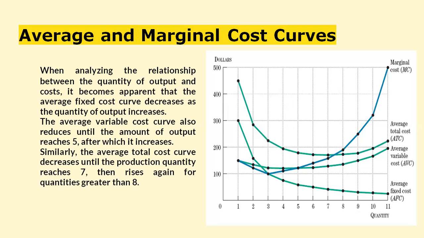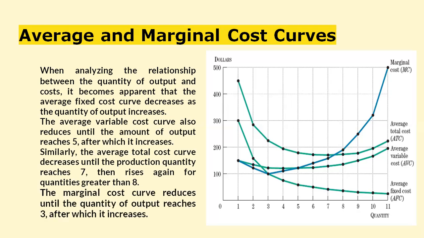Similarly, the average total cost curve decreases until the production quantity reaches 7, then rises again for greater quantities. The marginal cost curve decreases until the quantity of output reaches 3, after which it increases.